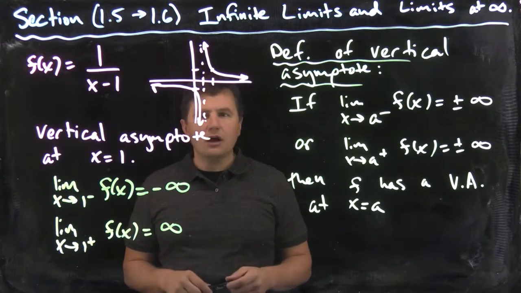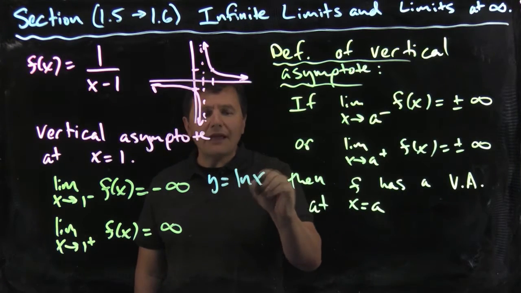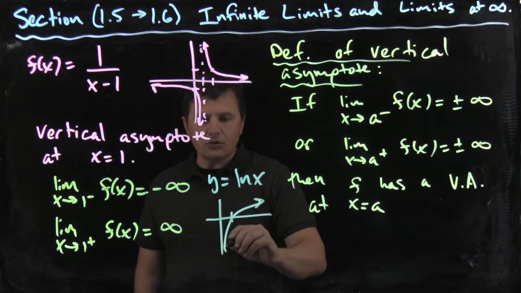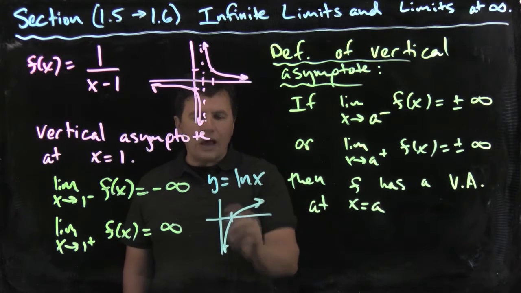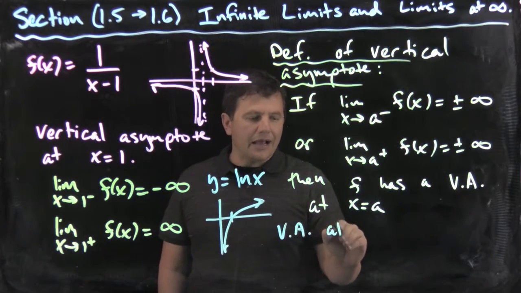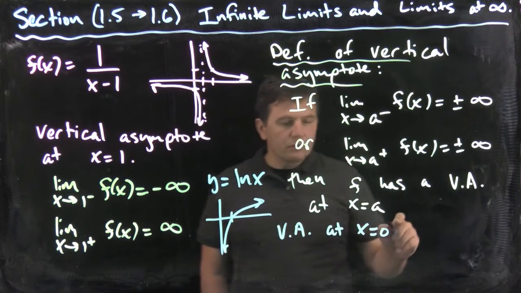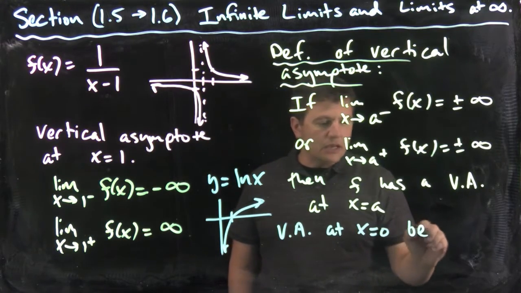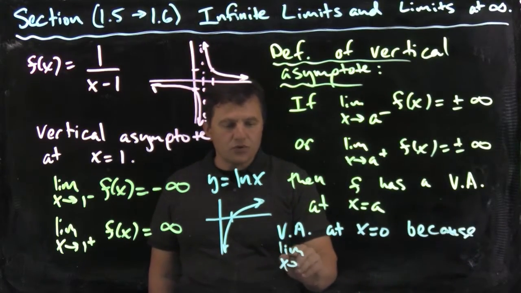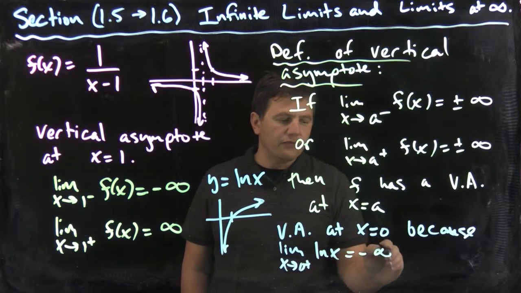So for instance, if you think of y equals ln of x, or any log, this has a vertical asymptote at x equals 0, okay? And that is because the limit as x approaches 0 from the right of ln of x is equal to negative infinity.